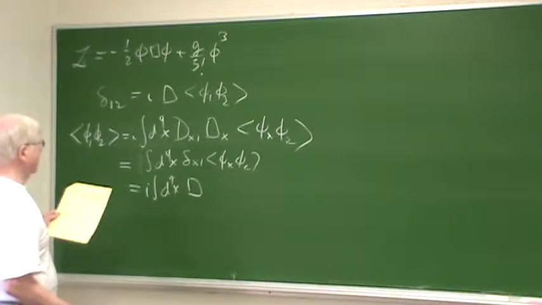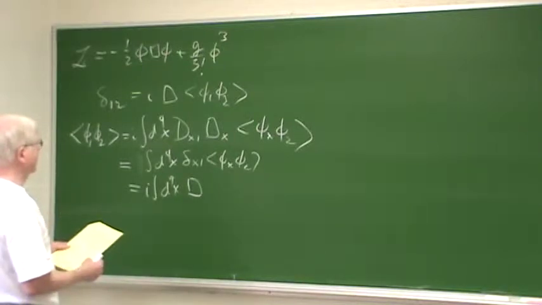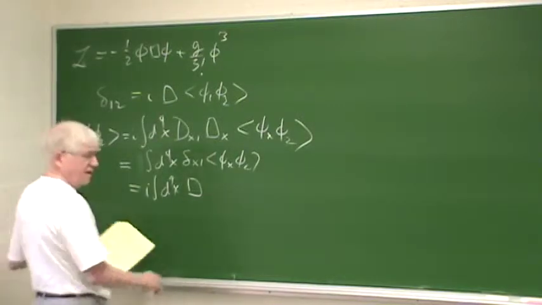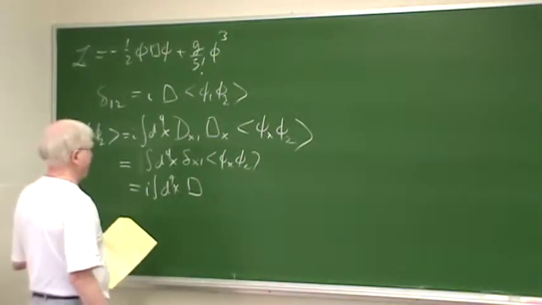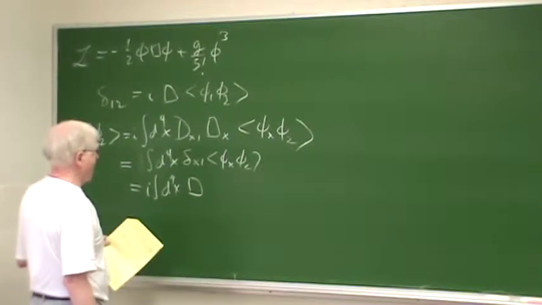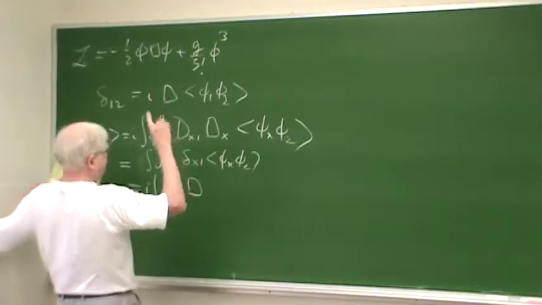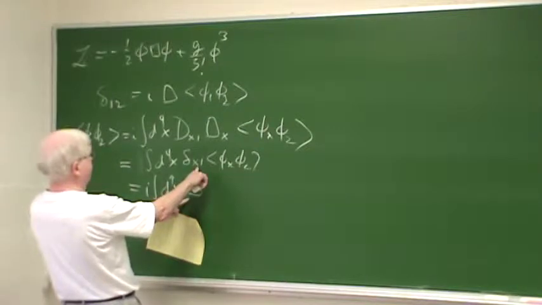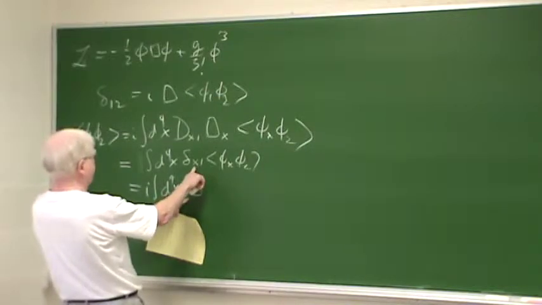The i in the definition of <phi_1 phi_2>. So the i gets out when you introduce the Delta. All right, yeah, let me just fiddle with it my way. So this is equal to, that's right.